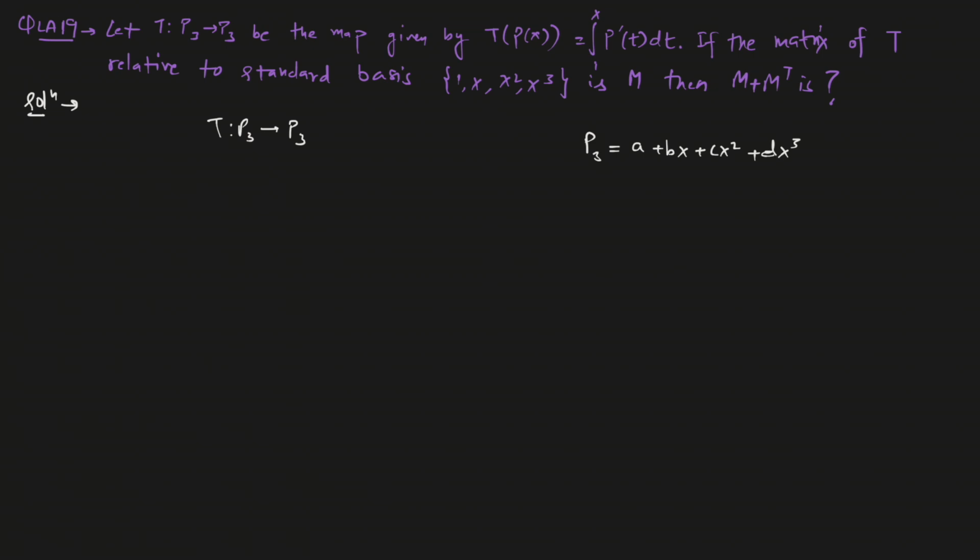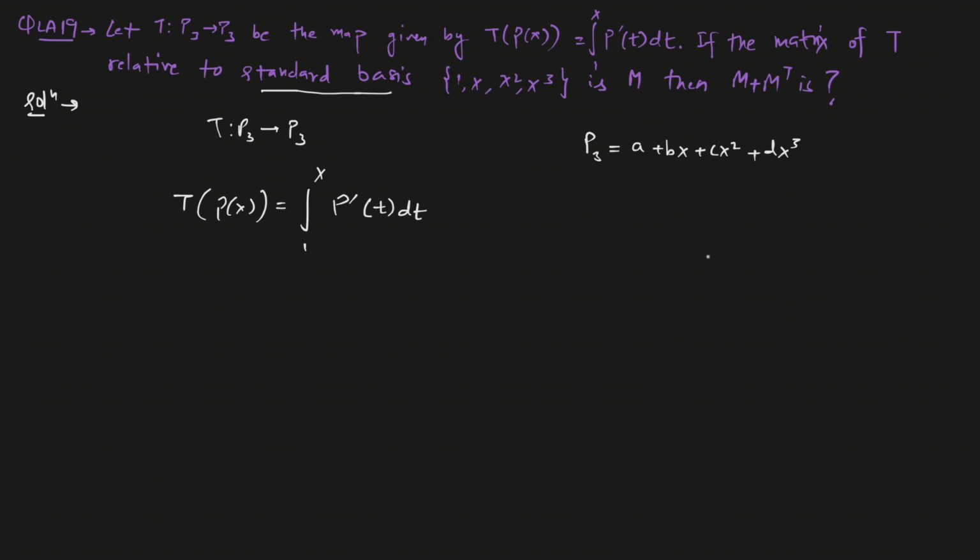We are given this transformation T. T of p of x is the integration from 1 to x of the first derivative of the polynomial at a point t, dt. All right, we need to find the matrix representation with respect to the standard basis.